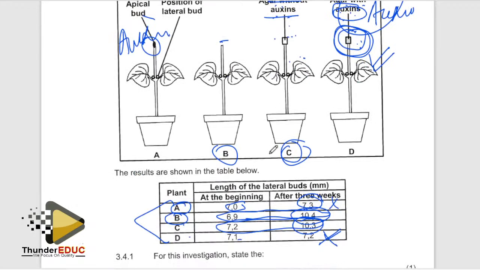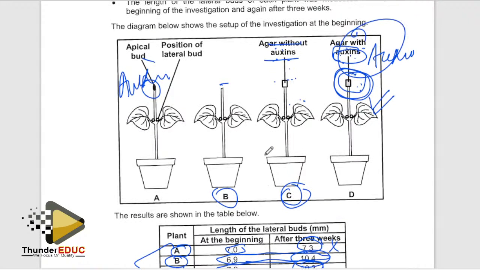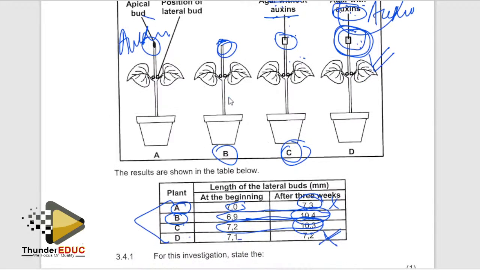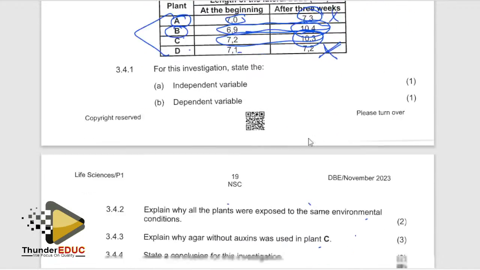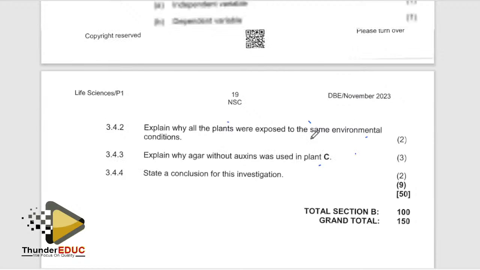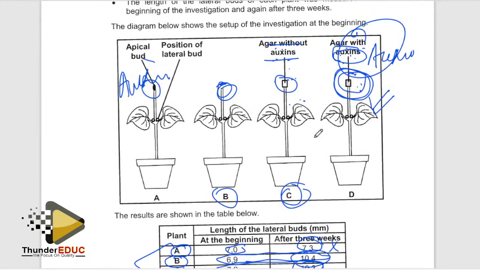Therefore, we can say that the length of the lateral branch is high in plants without auxins at the tip, or there is a high increase in lateral branch growth in plants without auxins at the tip. The way you phrase it doesn't matter, as long as it brings out the point that those without auxins have high growth of the lateral branches.